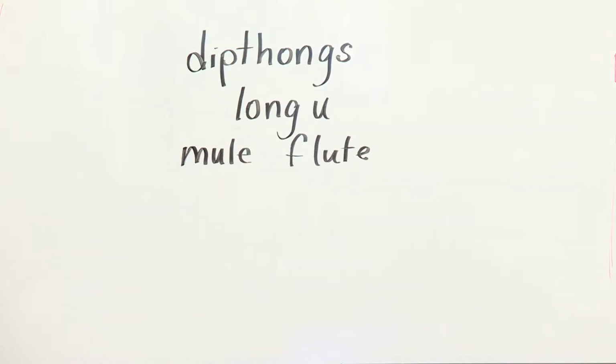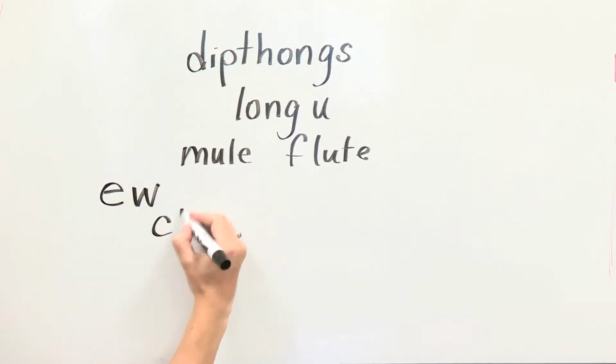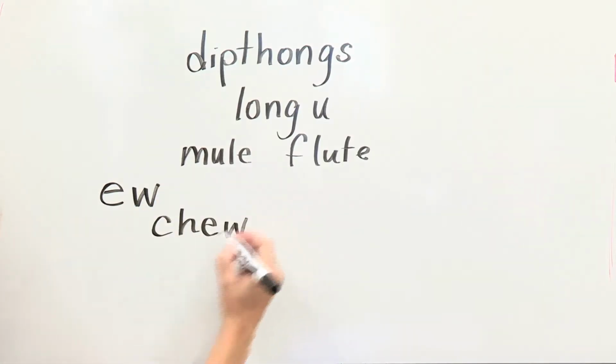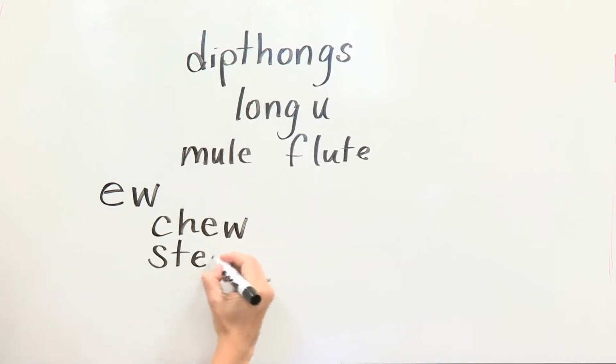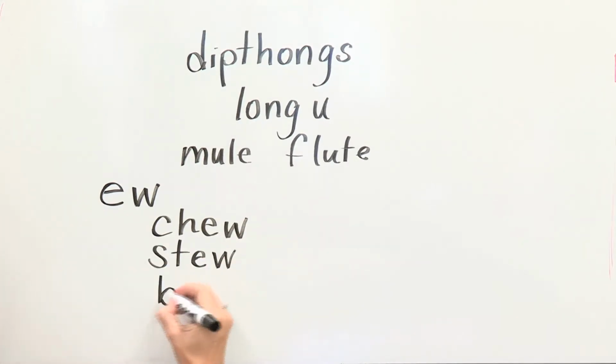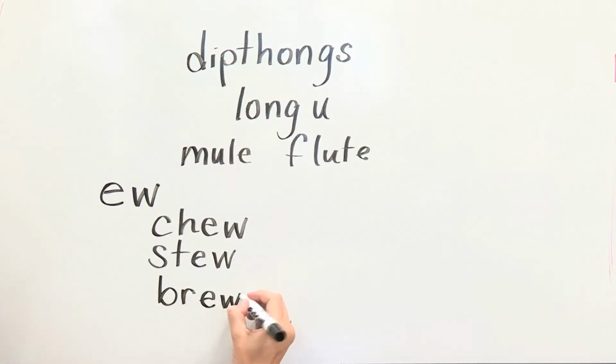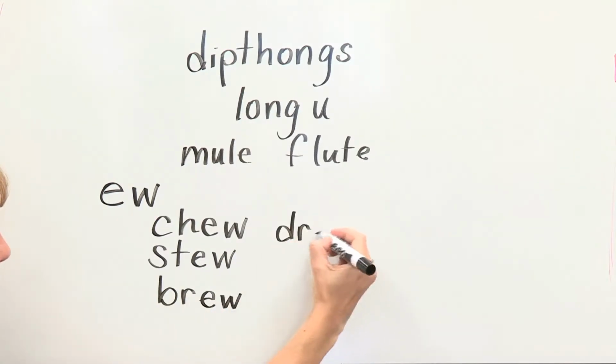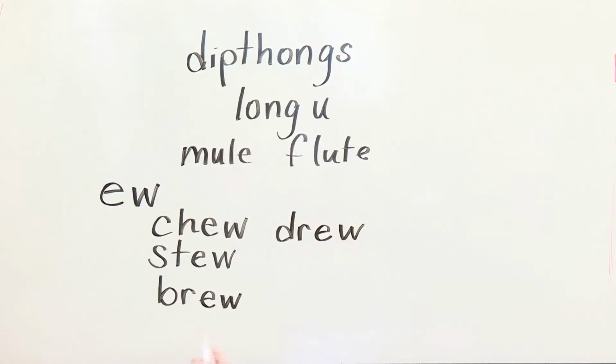Now if we go to EW: chew, stew, brew, drew. We also have a different sort of ooh sound there. Chew, stew, spelled with an EW.